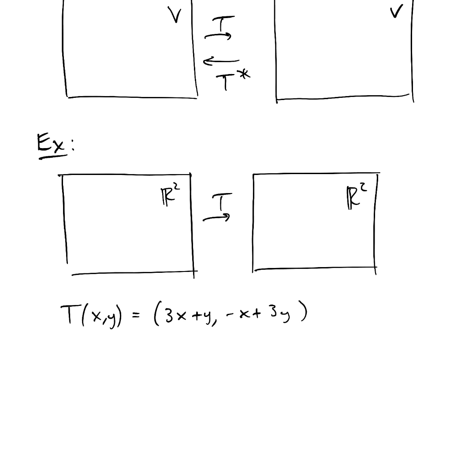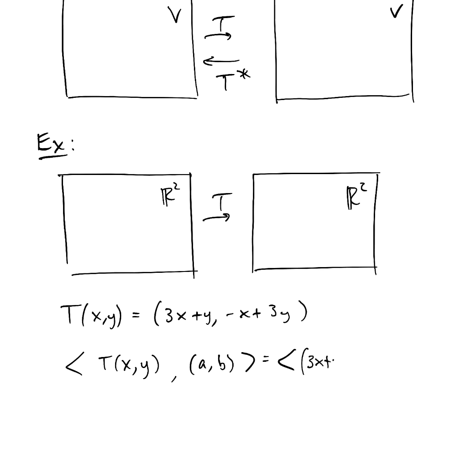All right, so let's see what happens here. We're interested in what happens when you do the standard inner product in R2, good old dot product, between T(x,y) and some other vector, (a,b). Well, we can figure this out. The formula for T(x,y) is right there.